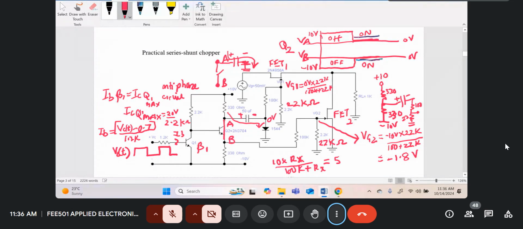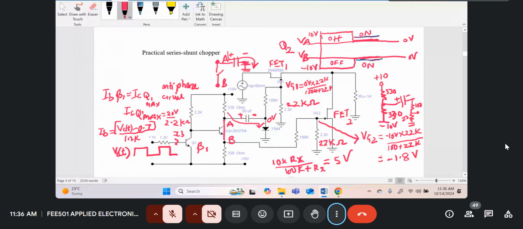Then you can solve for Rx. So that's how you design for the second resistor. For the data, remember there was a Texas Instruments FET, which was very sensitive. You could switch it off with about maybe 2 volts.